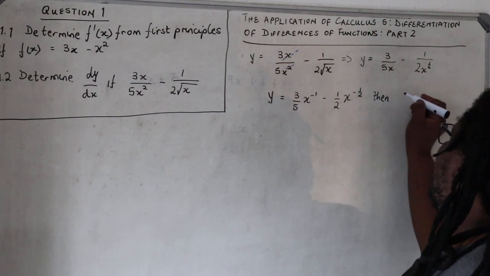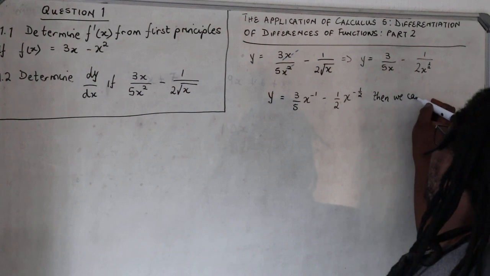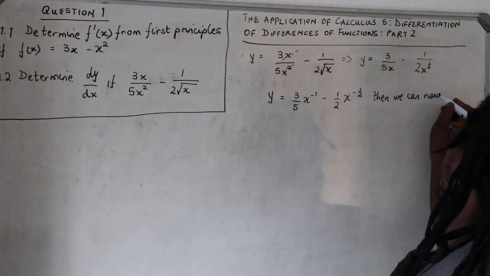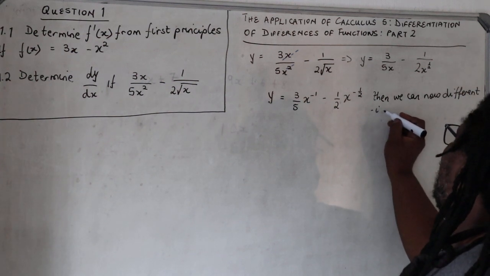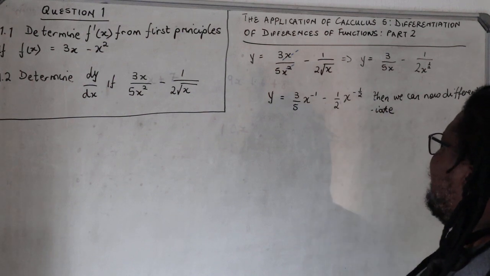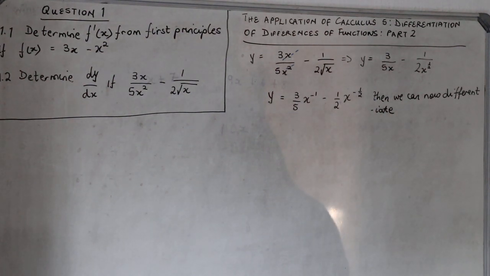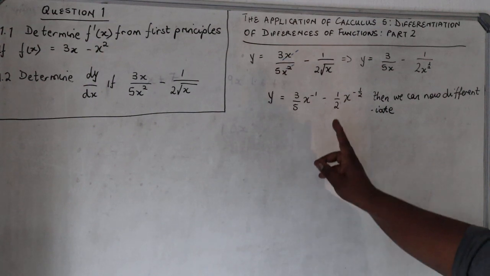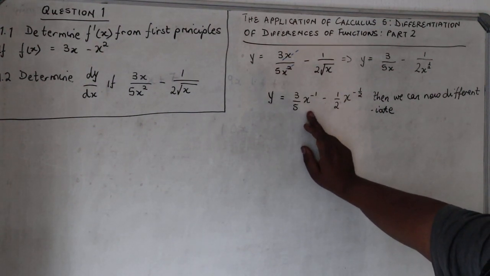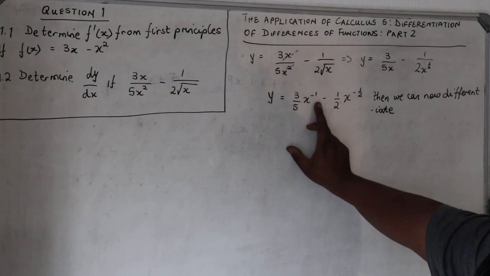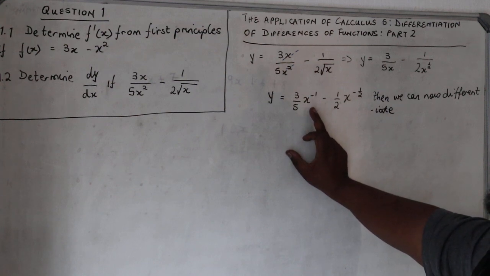Then we can now differentiate. Basically the method of differentiating: you multiply the coefficient of x by the power of x and subtract 1 from the power of x. So here the power of x is minus 1.